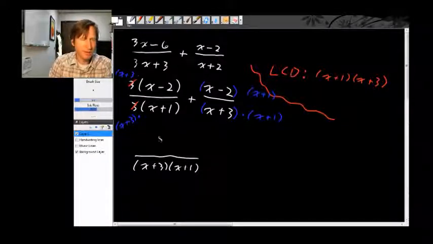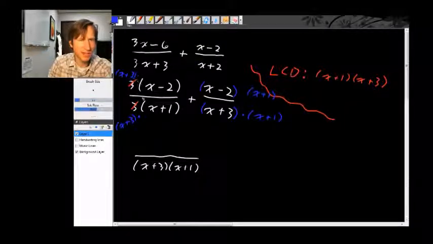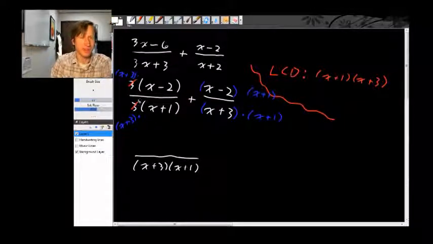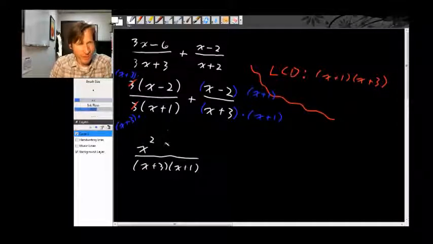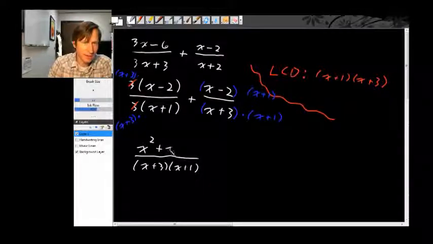The numerator on the left-hand side, we will need to multiply this all out because we're going to combine like terms as soon as we add everything. So let's multiply this out. (x + 3)(x - 2), that's x squared, plus 3x minus 2x is plus x, minus 6.